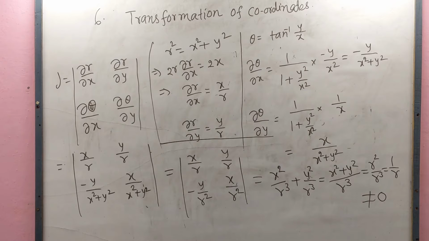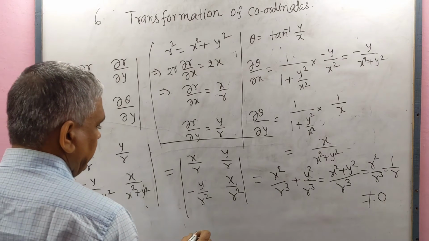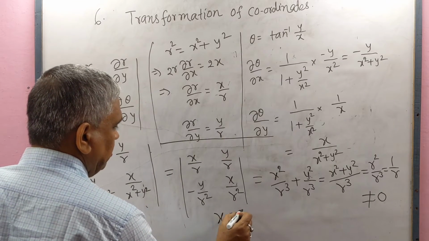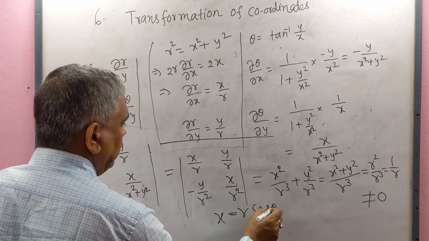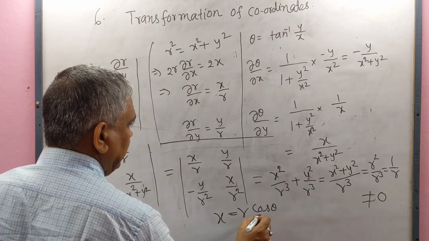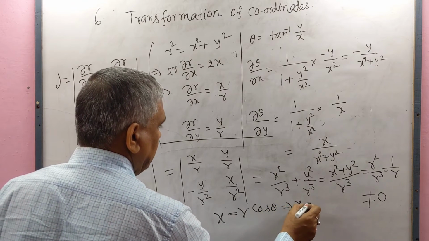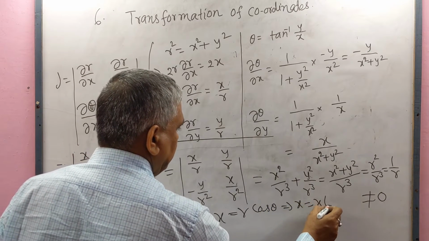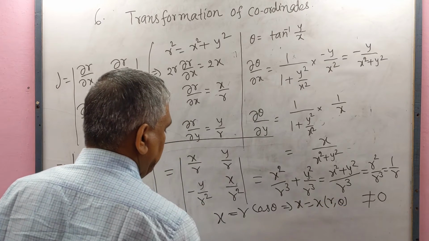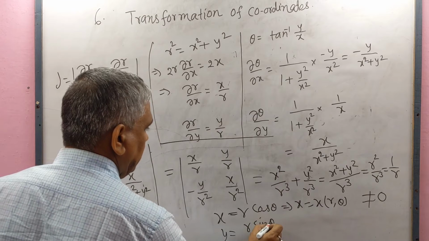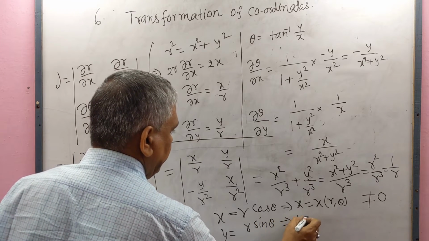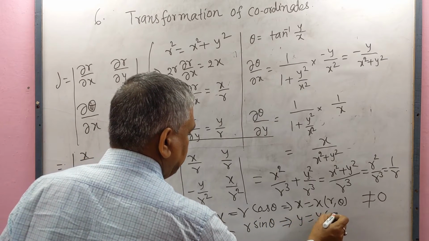So we may relate the Cartesian system of coordinates with the polar system of coordinates as follows: x equal to r cos theta, that is x is a function of r, theta, and y equal to r sin theta, that is y is a function of r, theta.